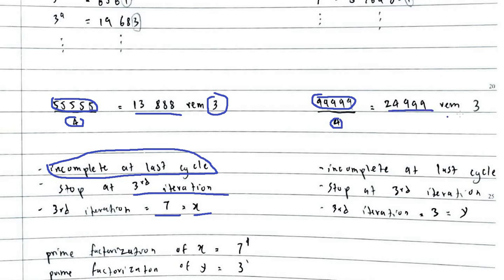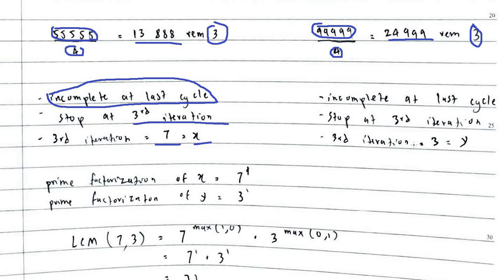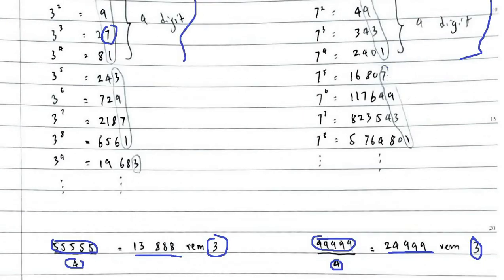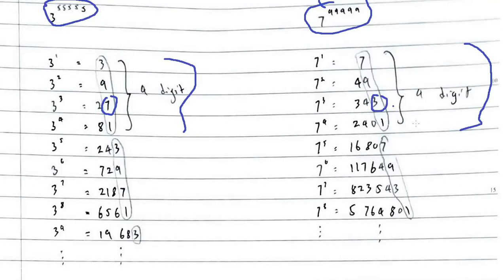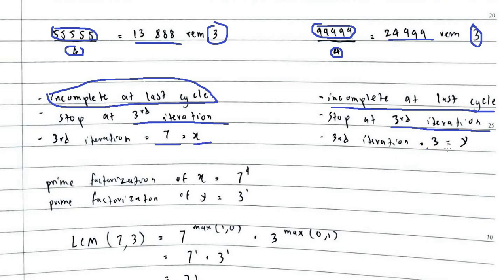So we got this answer and a remainder of 3. Same as the first number, it is incomplete at the last cycle. So a remainder of 3 means it stops at the third iteration. The third iteration is 3, so Y equals 3.